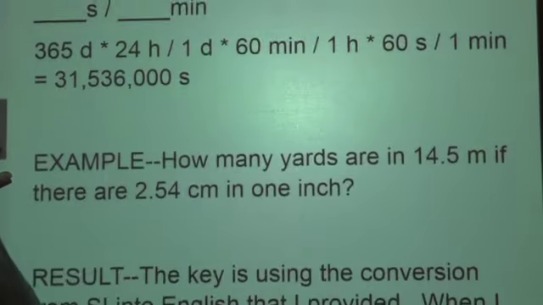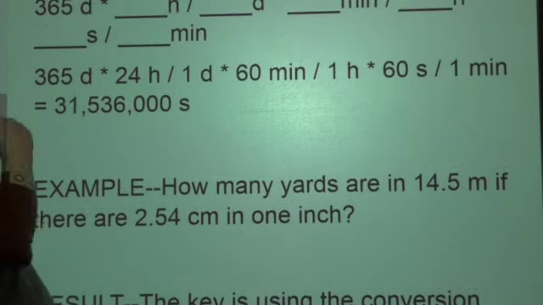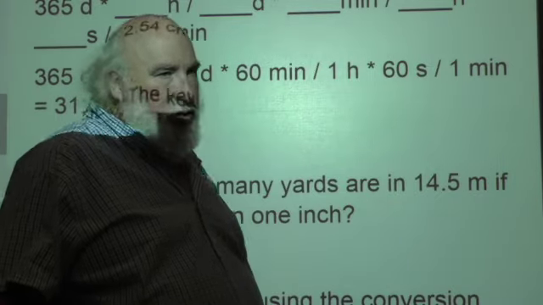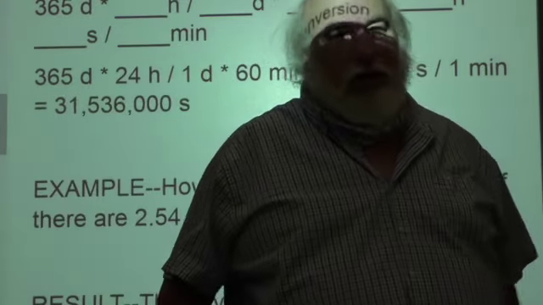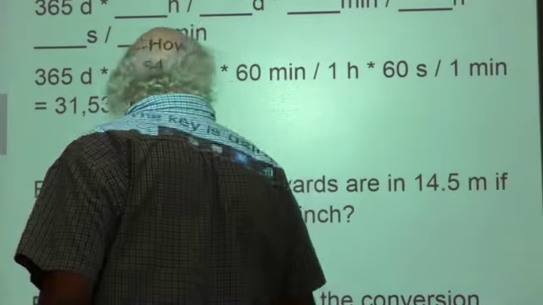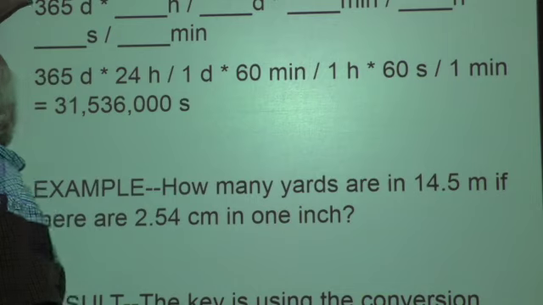Okay? Next one. How many yards are in 14.5 meters if there are 2.54 centimeters in 1 inch? Again, if I give you a conversion, that is the conversion I want you to use in these problems. All right, so 14.5 meters equals how many yards?